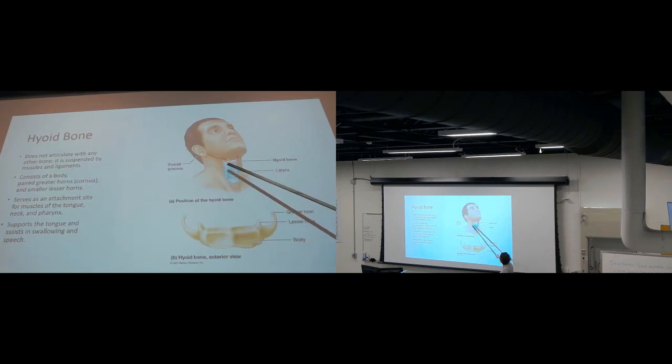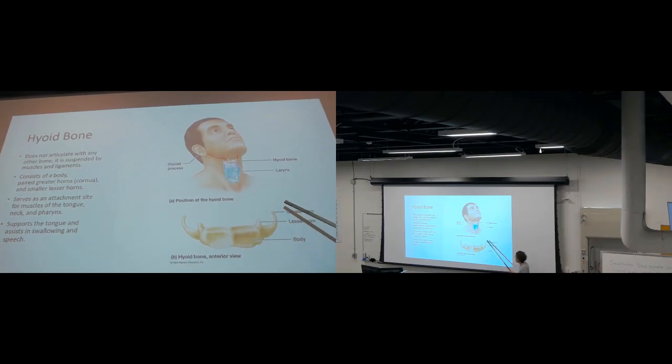Hyoid, horseshoe shape. In this case, they're showing this muscle that is called digastric. But this bone, which is above the larynx, our voice box, has this body, these lesser horns above the body. So this is the anterior view of this bone, and then these greater horns.